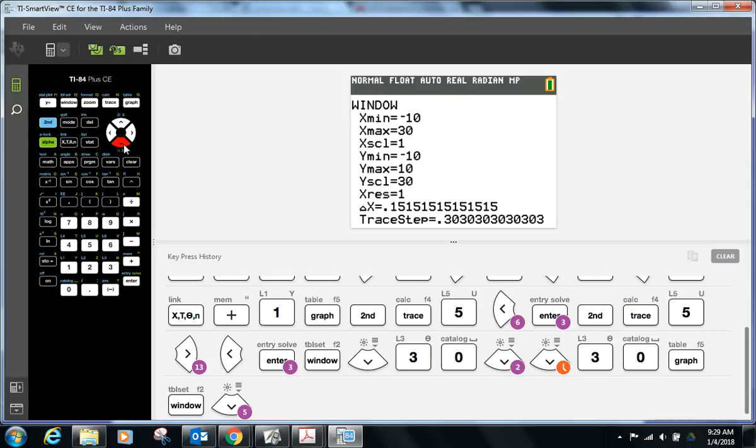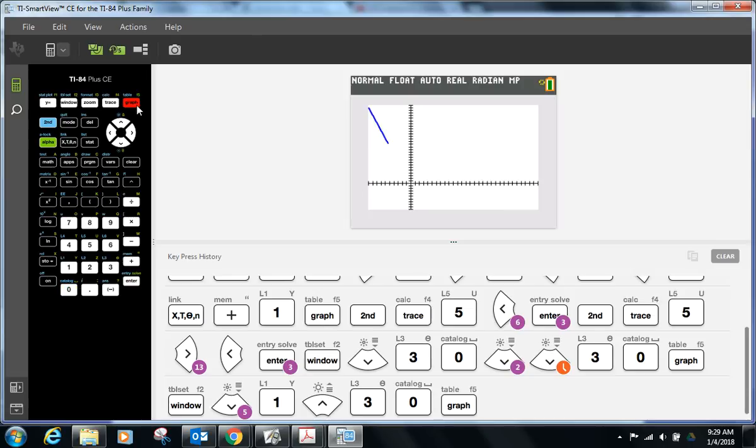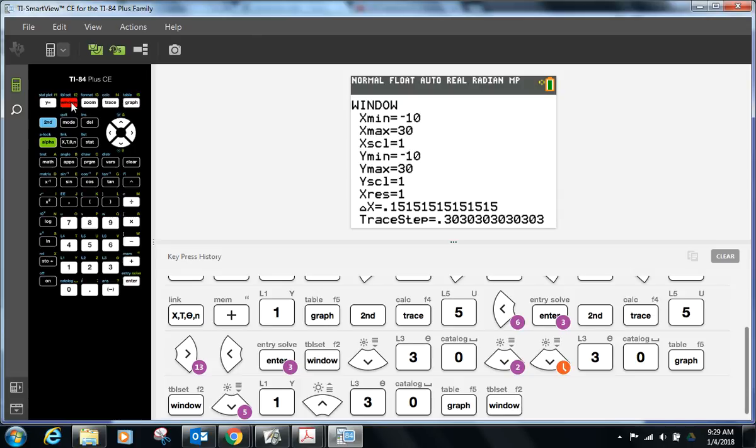I see it. Let's try 30 again. I will still show you a way around it, though. So you don't have to rely on the graph.